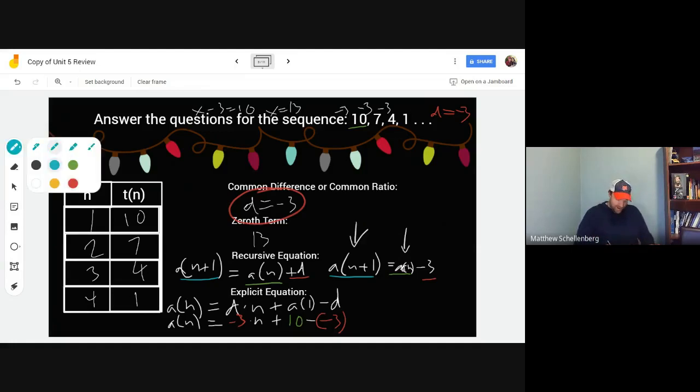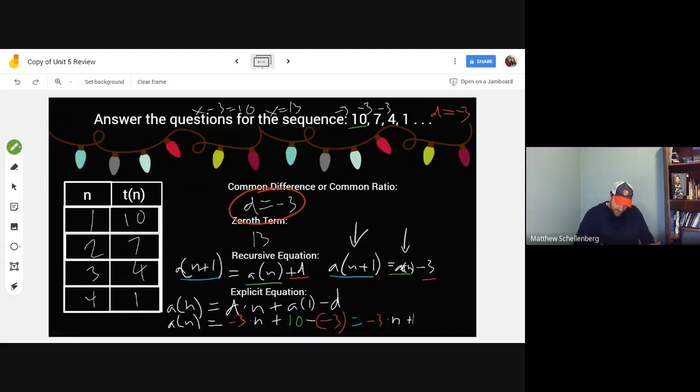So this right here would be -3n plus, maybe I should keep the colors the same as they were. I'll try to keep the colors consistent. So you have -3 times n, plus 10 minus -3.